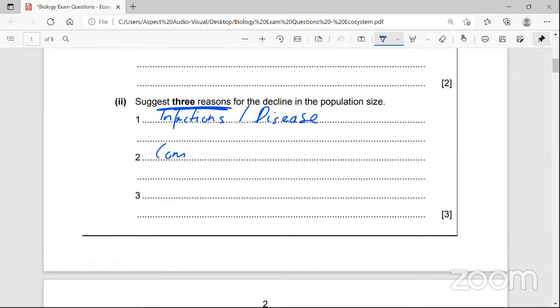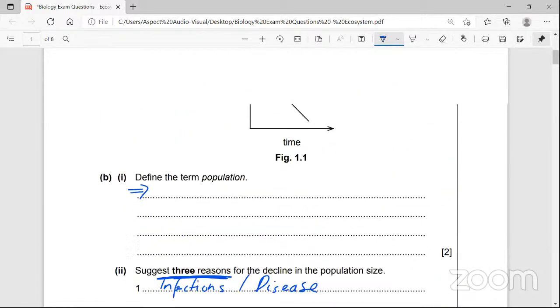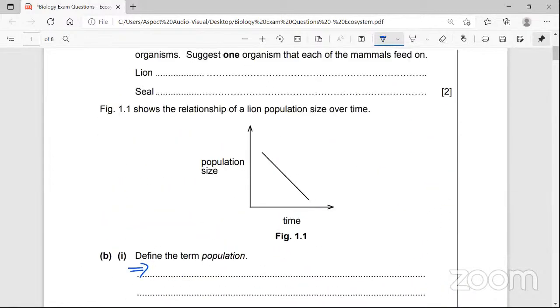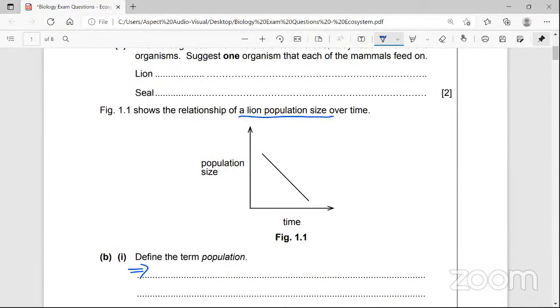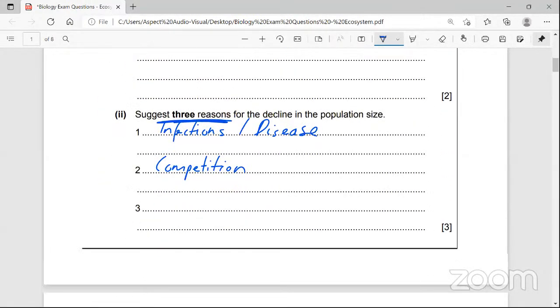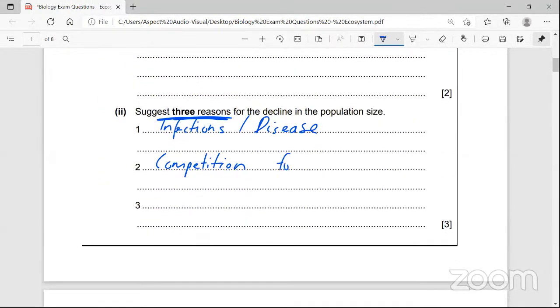Competition for resources. Population size only means certain organisms, not the whole animal kingdom. They're specifically talking about the lions. They asked you for the lion population size over time. So competition for resources. Anything else?